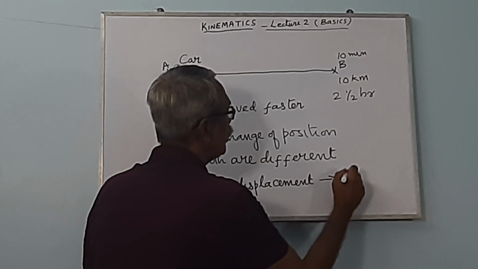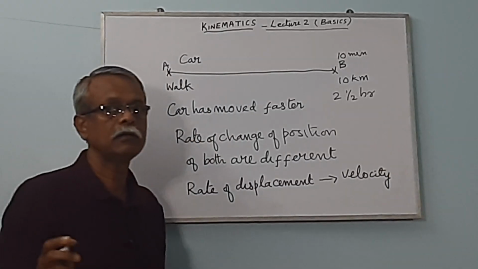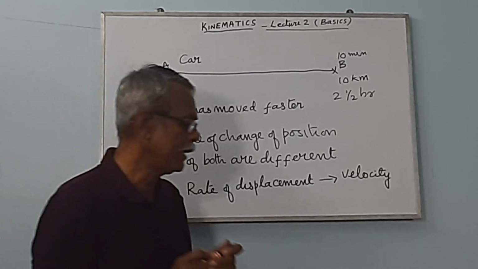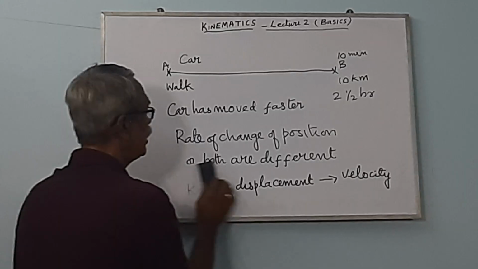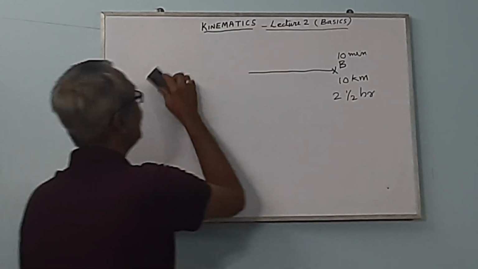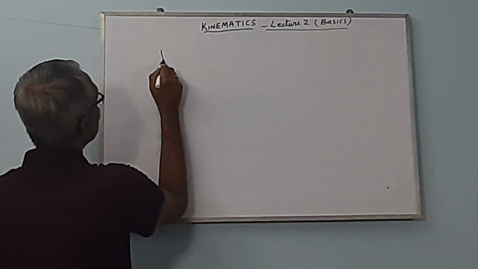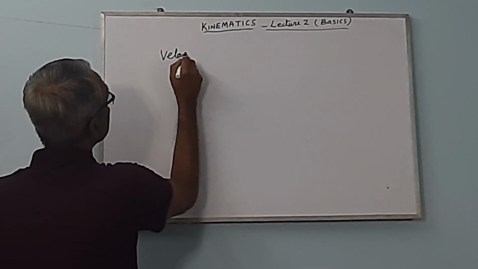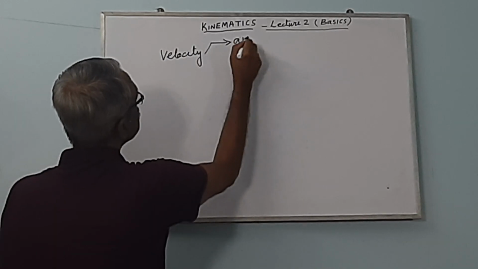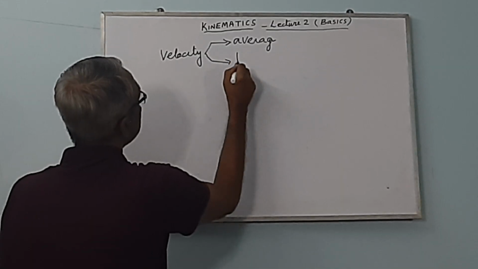This is called velocity. Rate means it is divided by time. We are considering the time rate of the particle. So we have velocity, which is displacement divided by time. This velocity actually comes in two ways. That is, we can have the velocity average and instantaneous.